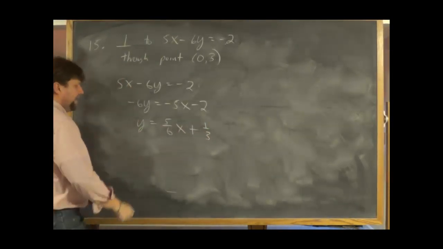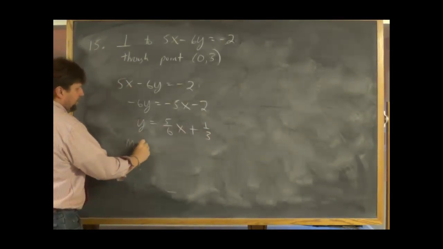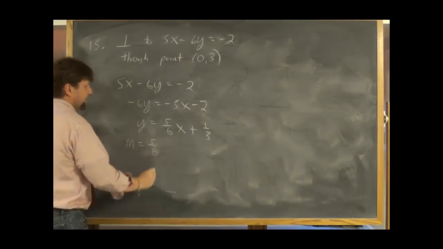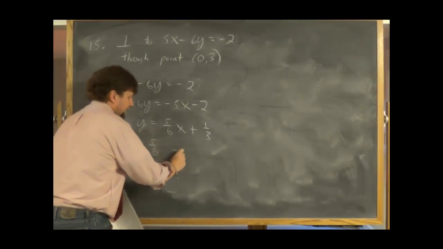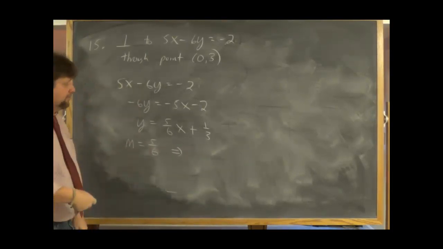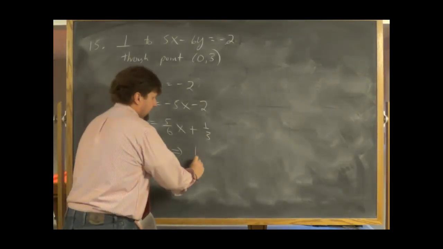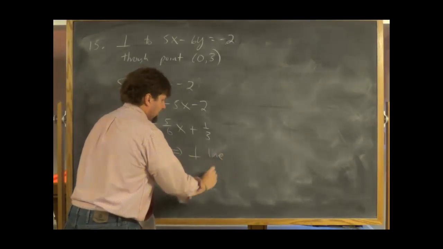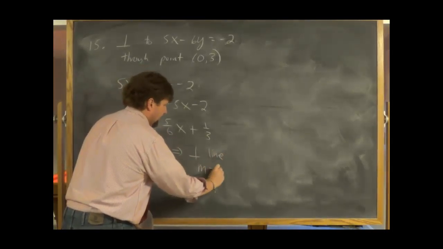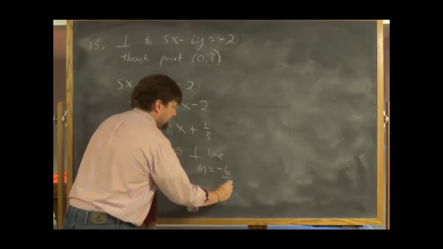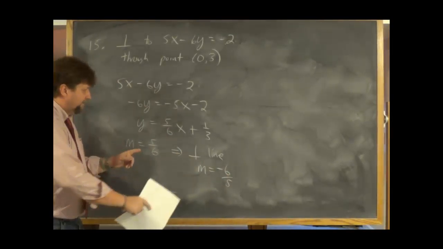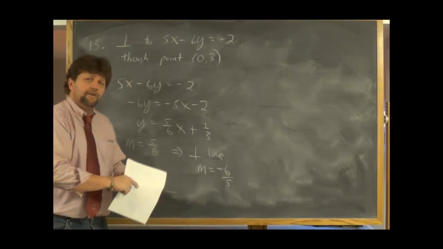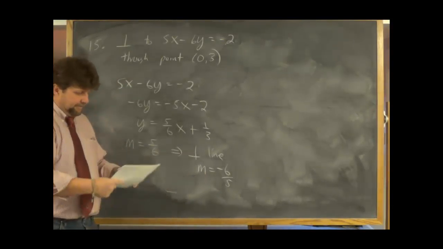And I can now read that the slope of the line is 5/6. That tells me that for a line to be perpendicular to this line, a perpendicular line must have slope of -6/5. Remember, two lines are perpendicular if when you multiply their slopes together, you get a result of -1.